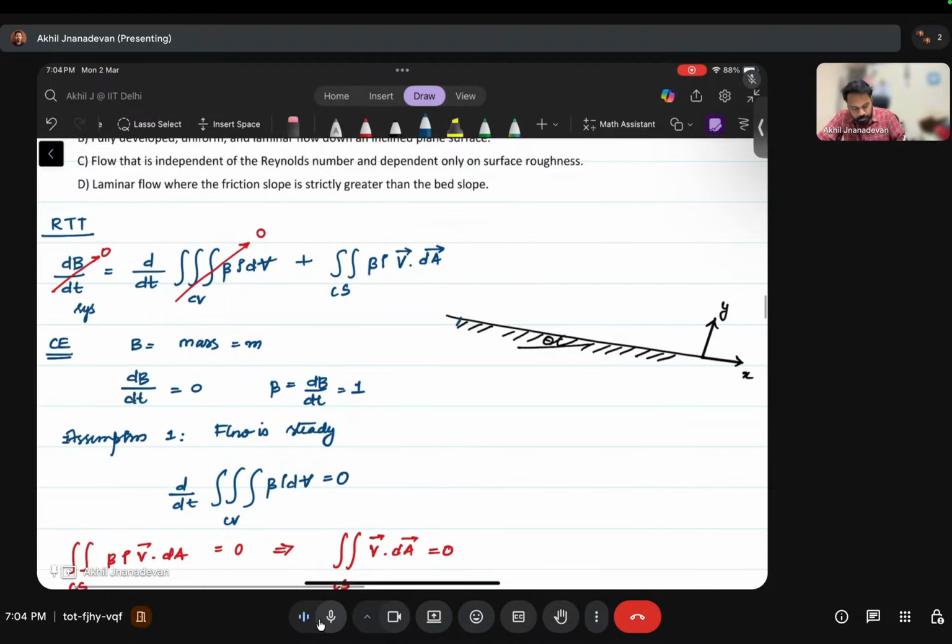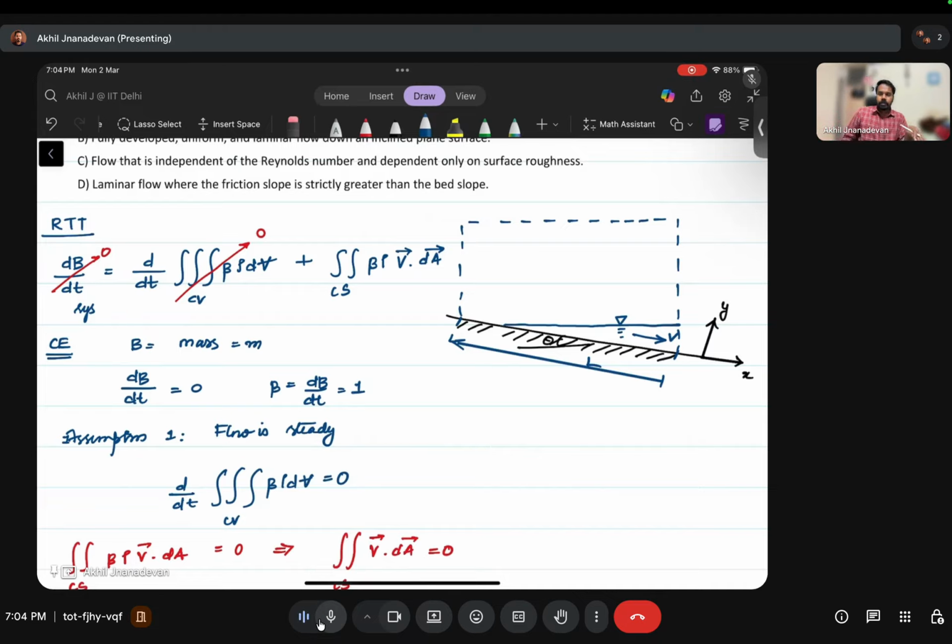So this particular length, this length is L, and vertical to that we are considering the control volume. So this is our control volume, and along the surface we have our overland flow. This is the overland flow, the water depth, and the flow is taking place along the inclined surface, right?